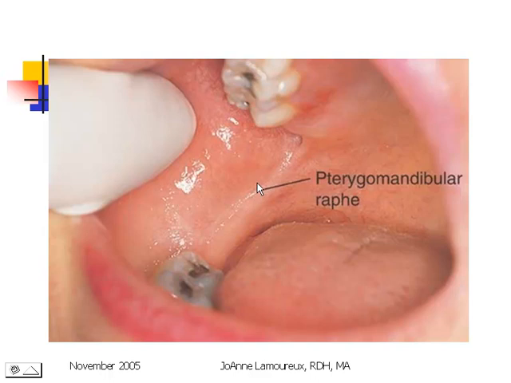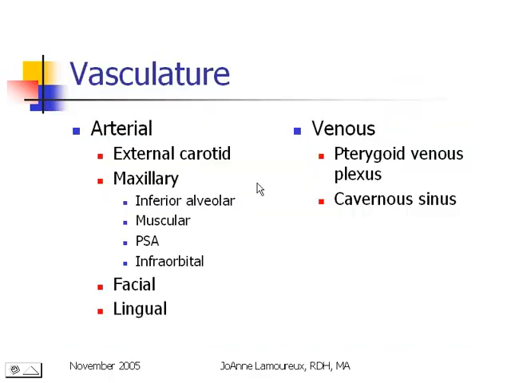The vasculature of the head and neck becomes important because we want to make sure that we understand, in most instances, in particular, the inferior alveolar and the posterior superior alveolar. When we give these two injections, we have a fairly large blood vessel that is accompanying the nerve.